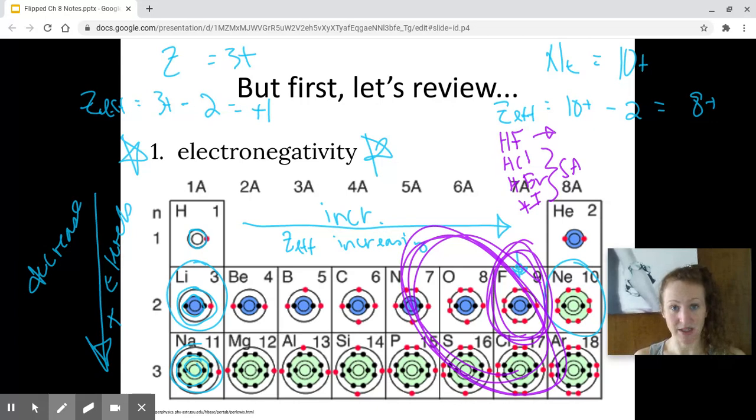Well, it's because the bond is so strong, because fluorine has super, super high electronegativity. It can attract things to itself very strongly. That bond becomes extremely strong in hydrofluoric acid.